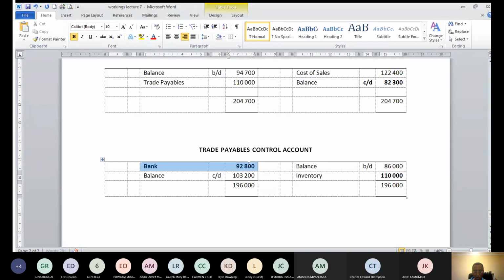And that is the amount that we are looking for, which is the amount that was paid to my trade payables for the purchases of inventory.